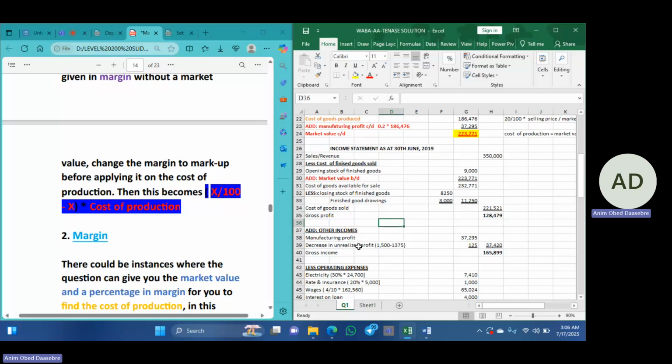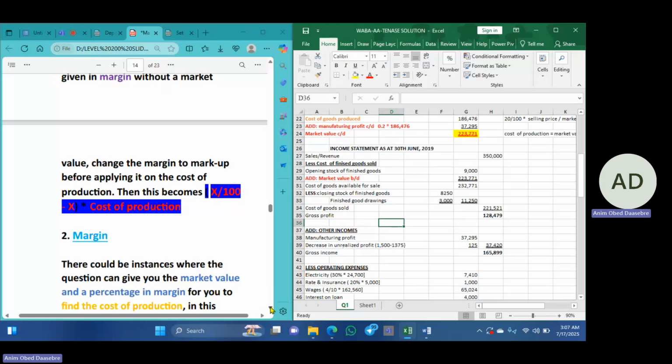Then the next thing we should also consider is the unrealized profit. The unrealized profits are a result of the transfer that we made at market value, which is giving rise to unrealized profits.